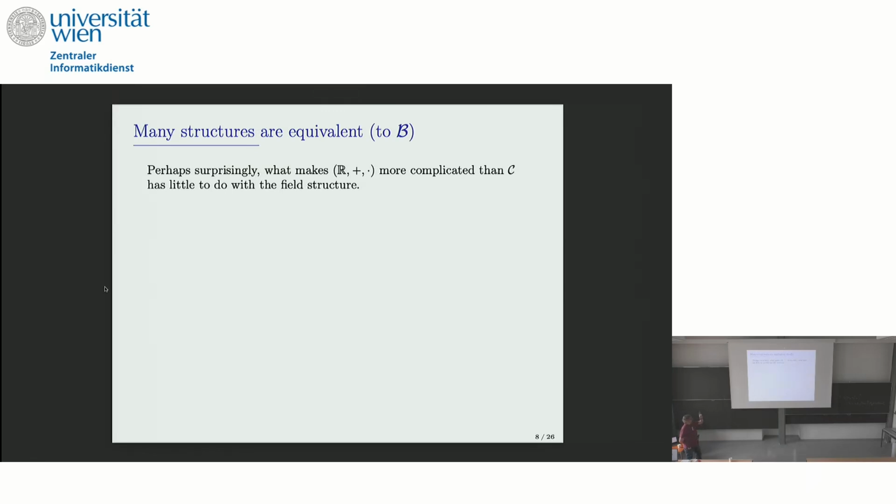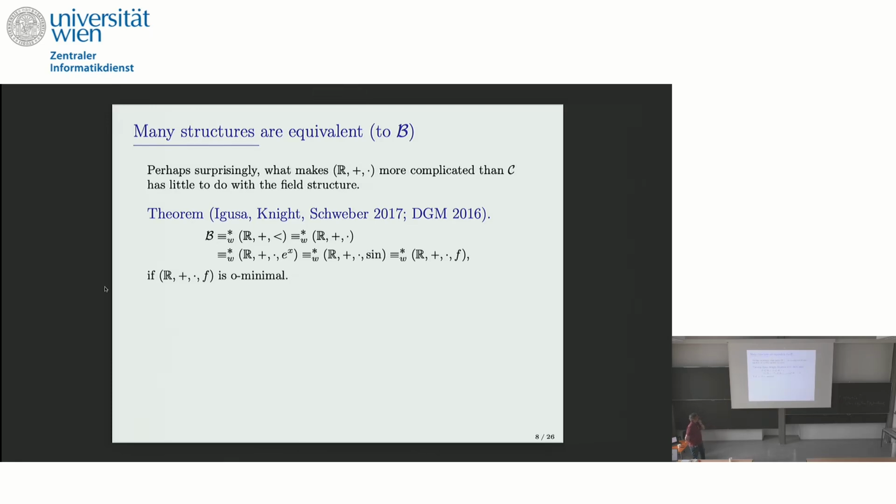because I think what's interesting about this is that what makes, in terms of generic Muchnik reducibility, the field of reals complicated has nothing to do, or very little to do, with the field structure. And in a couple of papers, some of this is proved by one group, some by the other group. I mixed it all together, but we showed that Baire space is equivalent to the field of reals, generic Muchnik equivalent, and actually Augeri, Knight, and Schweber are the ones who showed that you can keep going.